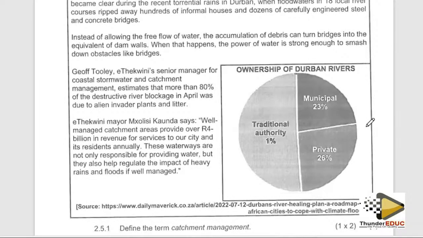Mayor Police Kaunda says well-managed catchment areas provide over 4 billion in revenue for services to our city and its residents annually. These waterways are not only responsible for providing water, but they also help regulate the impact of heavy rains and floods if well managed. Right.